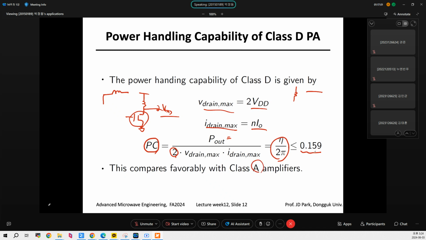Many people have implemented a class D amplifier. Actually, people prefer the inverted class D amplifier to the class D amplifier.